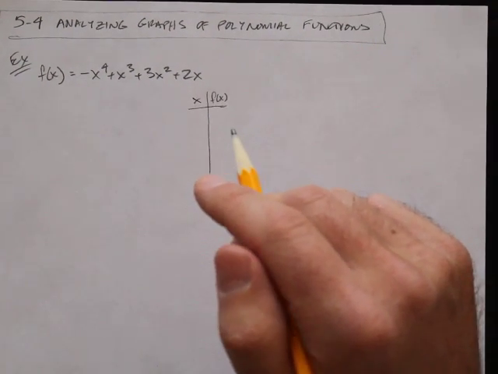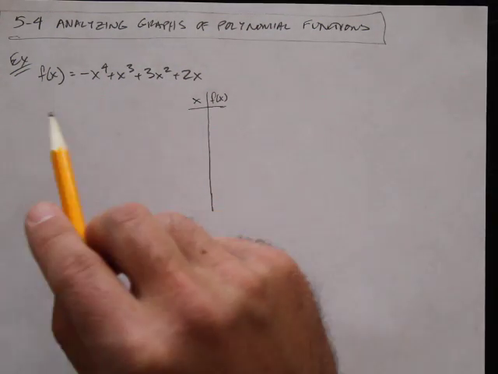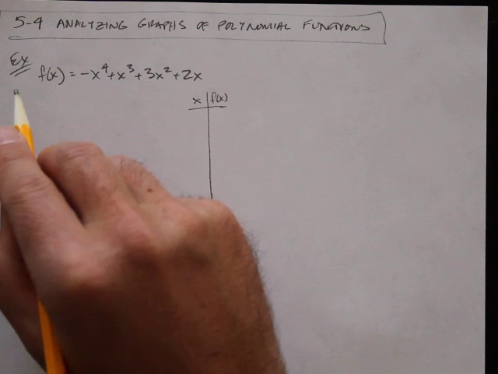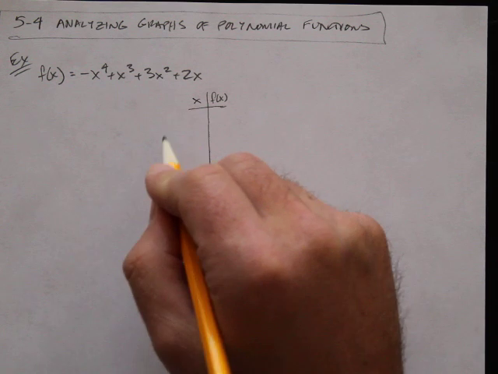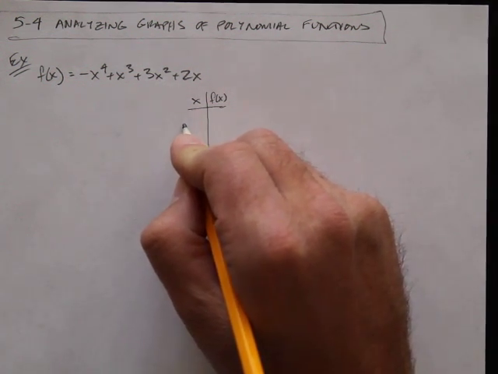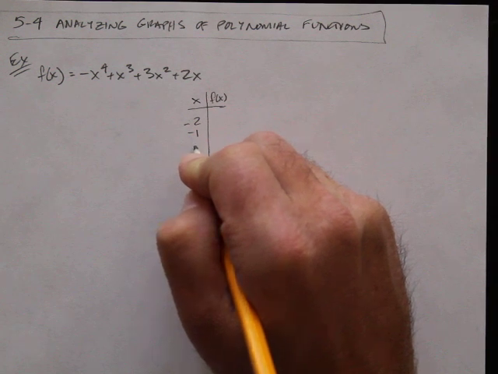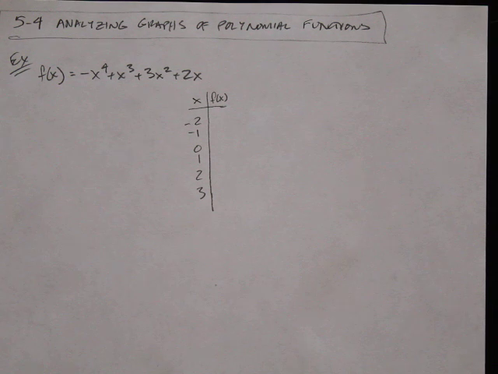I think we talked about this in Algebra 1. But I want to plug in some values for x. I'm just going to choose several here. Let's say -2, -1, 0, 1, 2, and 3. We're just going to plug those values in for x.